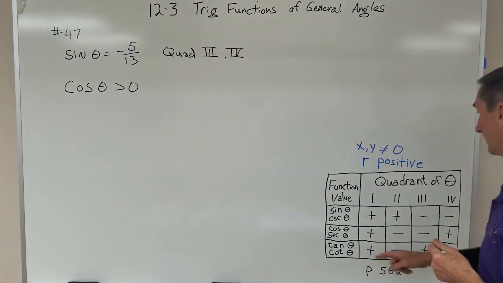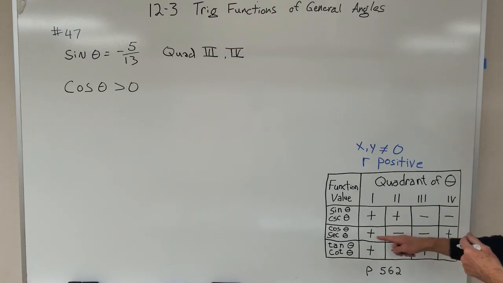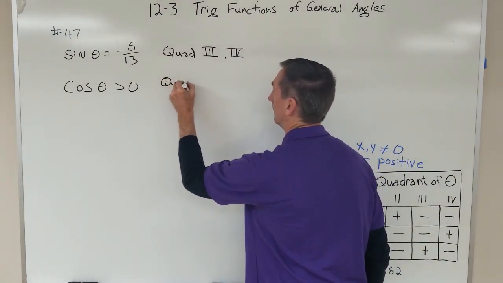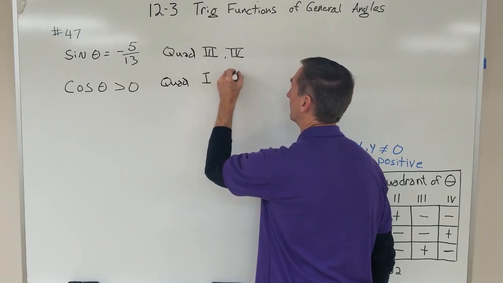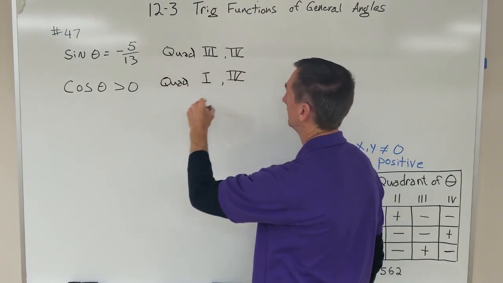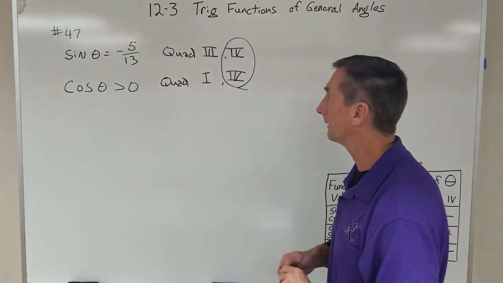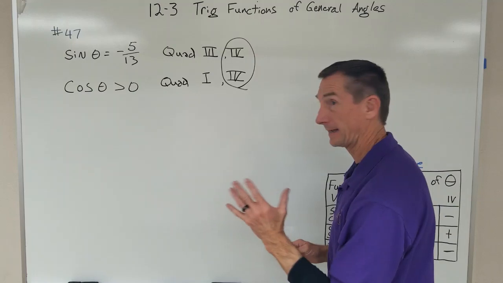So therefore, cosine greater than 0, I'm in either 1 or 4. Okay, so that narrows it down to quadrant 4, where this particular angle has to be.